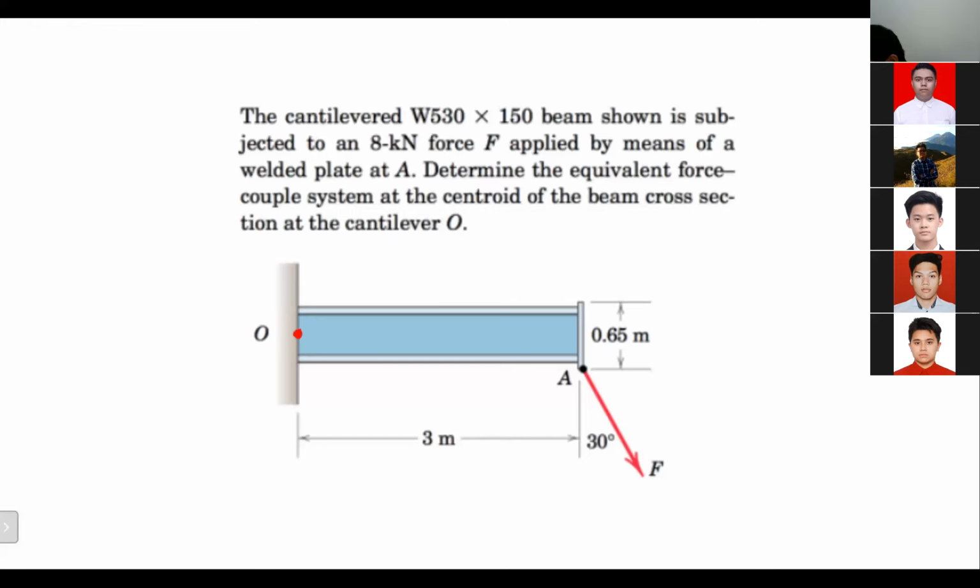Assume that the line is straight. So this is the first line of action, and this is the second line of action at point O.